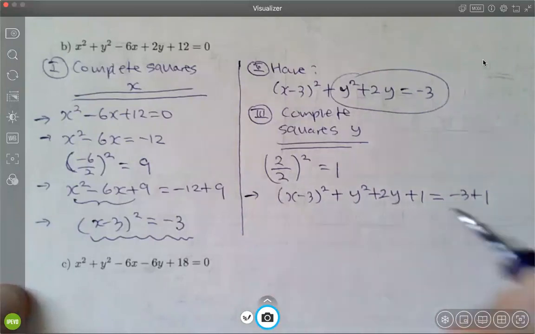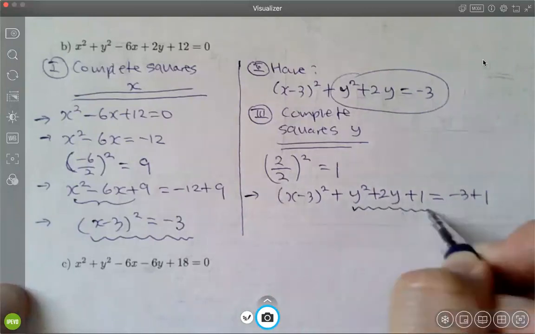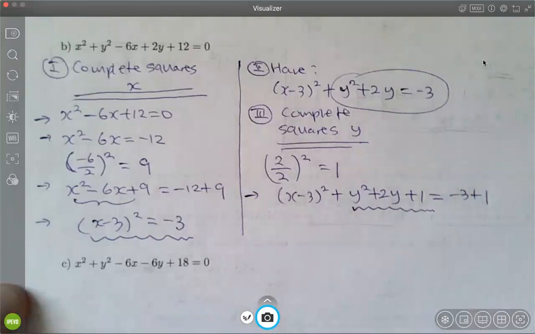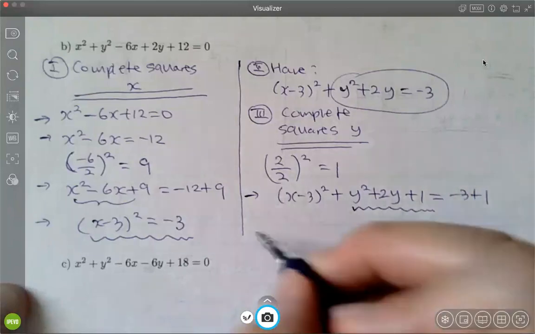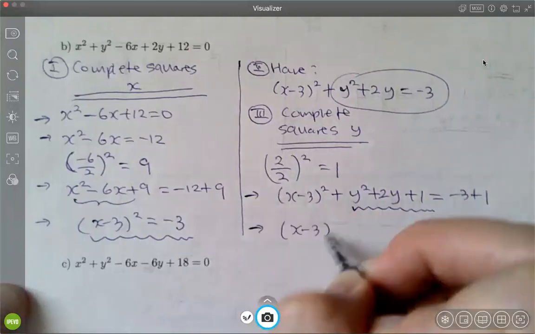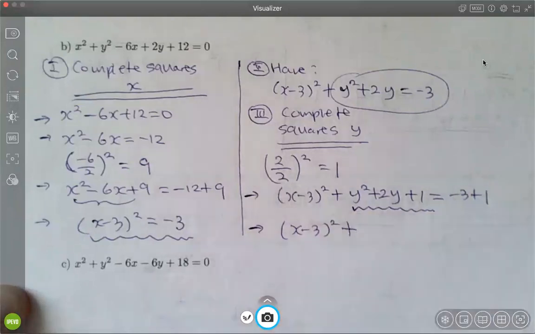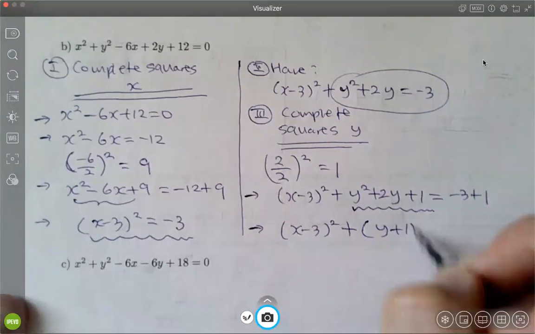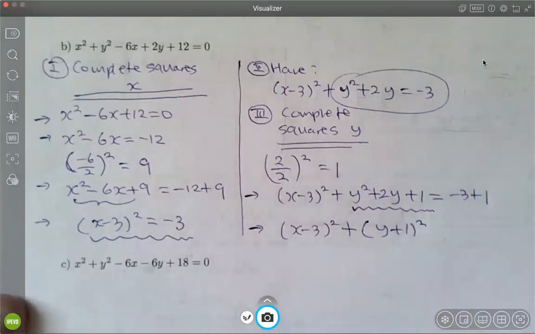And now, can you factor this? Y squared plus 2y plus 1. And what do you get? Y plus 1 squared, right? You see that? Okay, and the other side is what? -2, right?